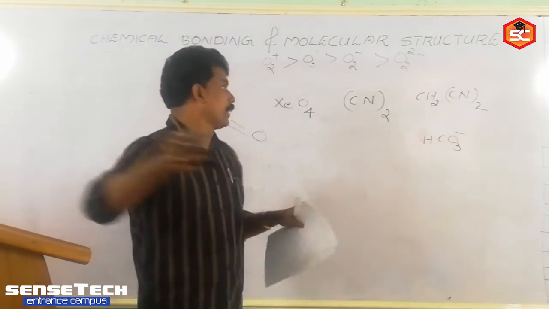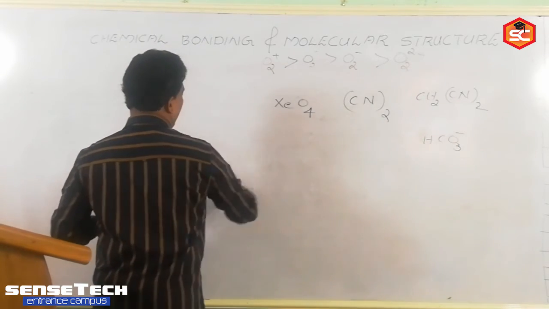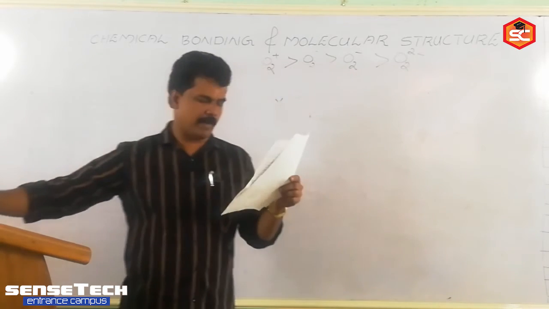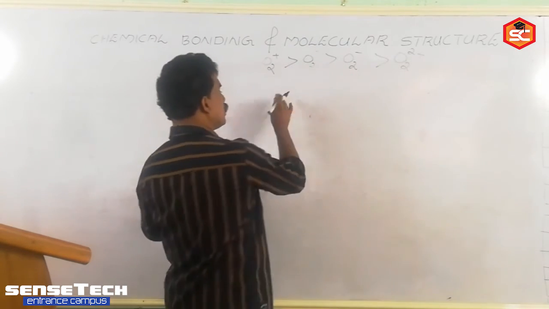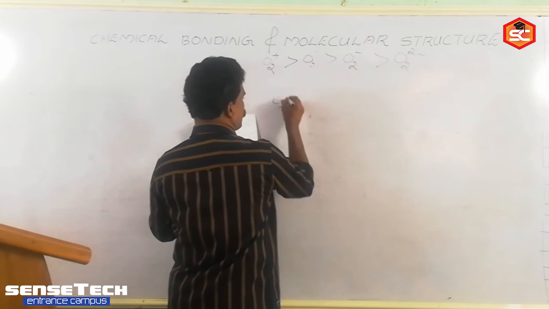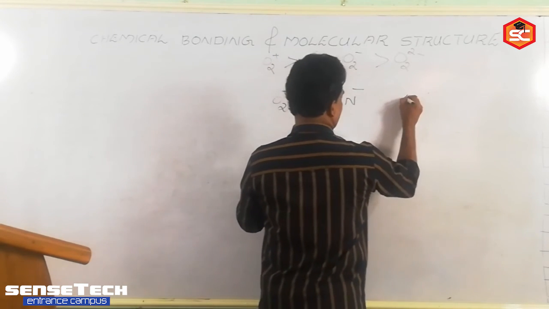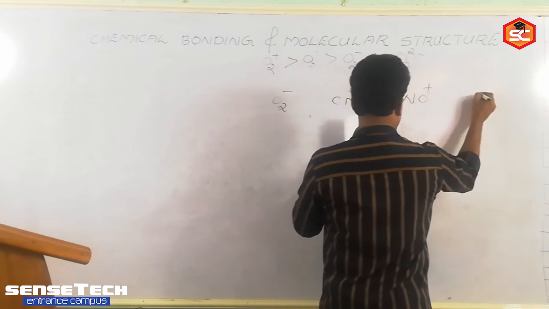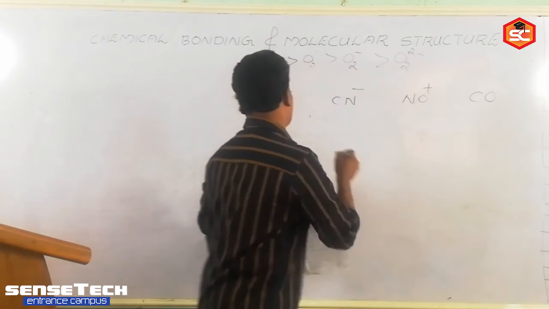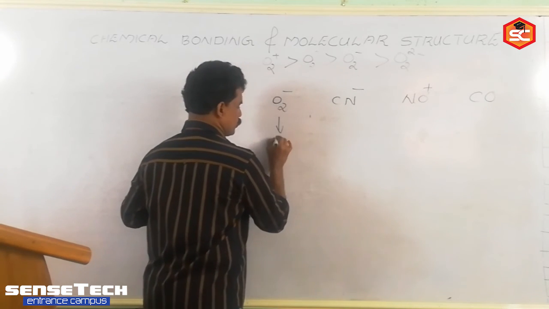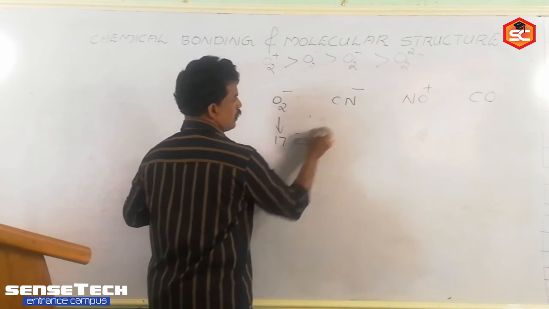Then the next one: which of the following is paramagnetic? Based on the number of electrons, you write the electronic MO configuration. O2 minus, CN minus, NO plus and CO. O2 minus, how many electrons are there in total? 17 electrons.